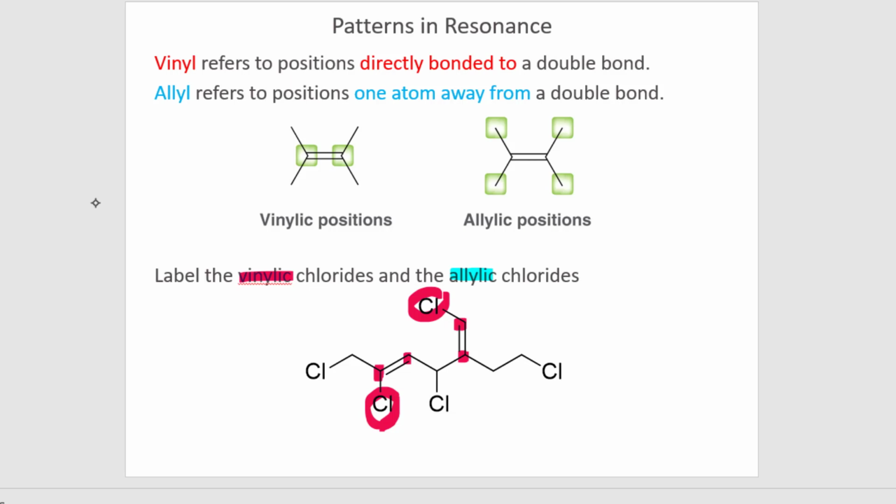So I want to look at all the carbons next door to the double bond. That's next door, that's next door, that's next door. I've highlighted the allylic positions. Therefore, this is an allylic chloride. Oh, and there's just hydrogens on the other one. The chlorine far to the right is just a regular alkyl chloride. It's not on a vinyl position, it's not on an allylic position.